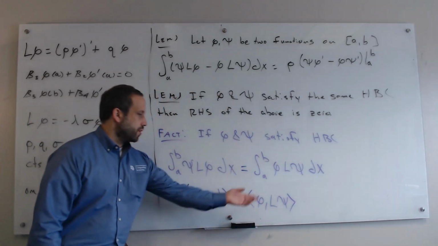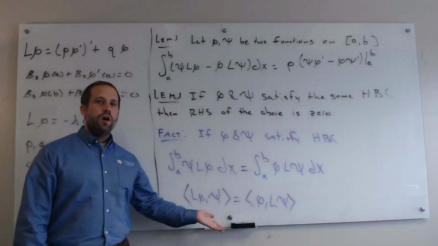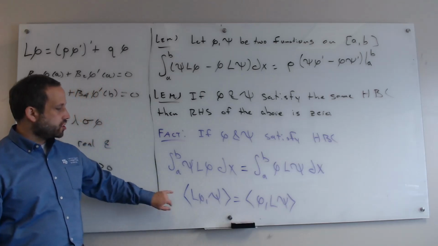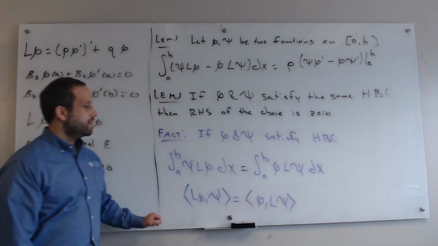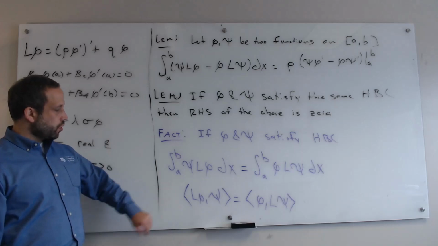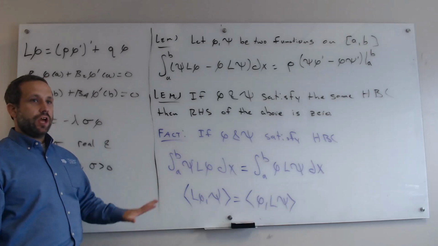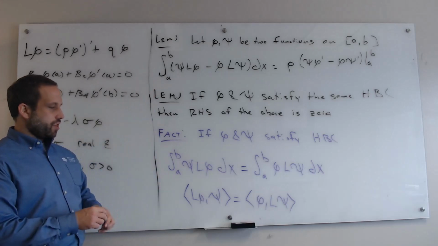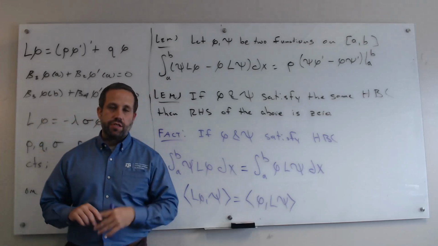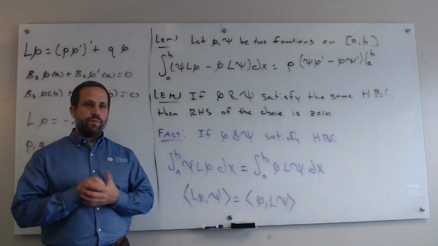So these two are equal to each other. And that's what it means for an operator to be symmetric: on its domain, it satisfies this equality. This is going to be very important in just a moment, when we prove, in the next video, something about the orthogonality of eigenfunctions corresponding to different eigenvalues. But that's it for this video.